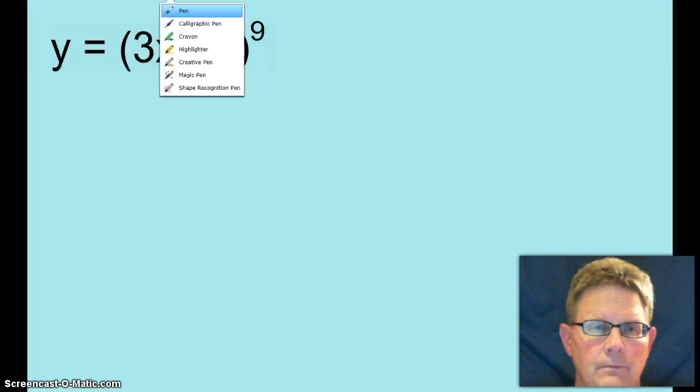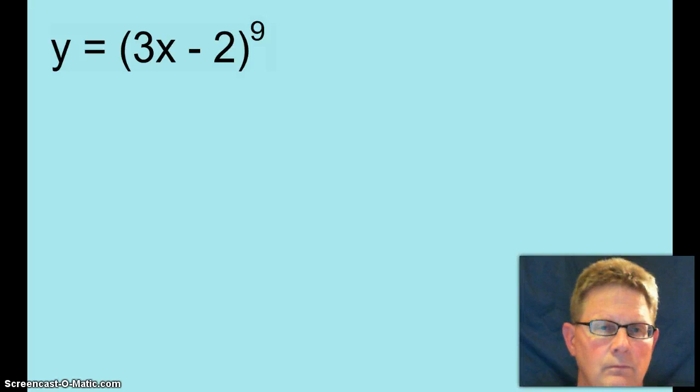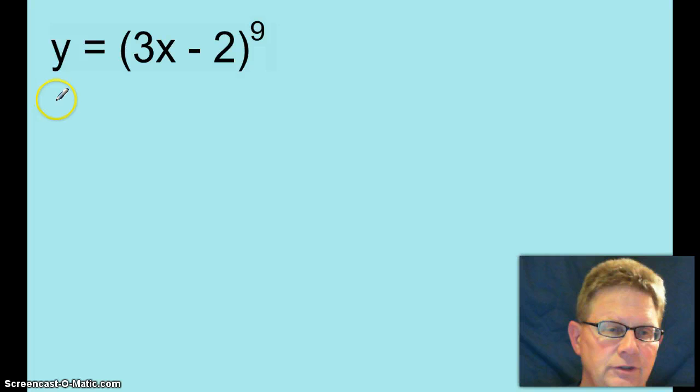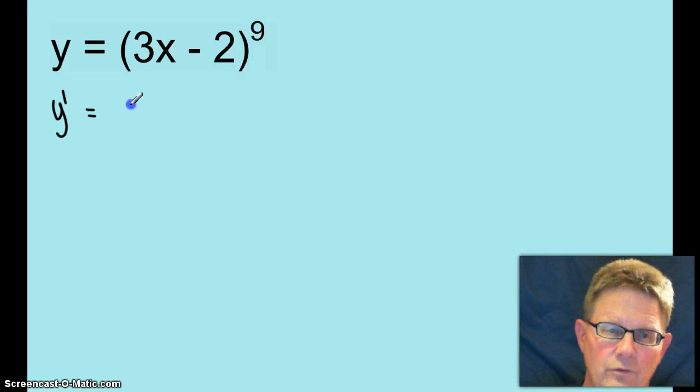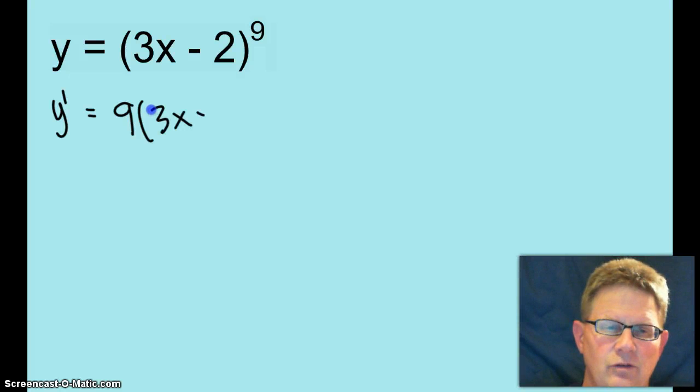So what you have here is we're going to take care of the outside function first, which is raising to the 9th power. y prime equals, go ahead and move the 9 out front as a multiplier. 3x minus 2, subtract 1 from the exponent, 8. Now we're going to multiply that whole result times the derivative of the inside. What is the derivative of 3x minus 2? 3.